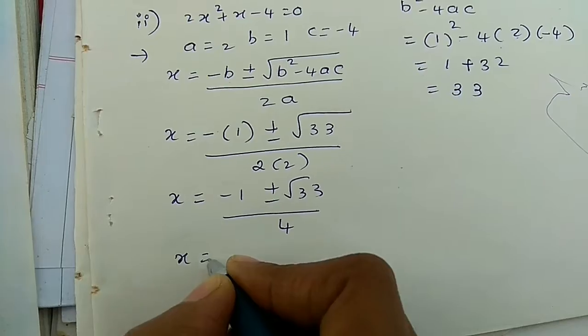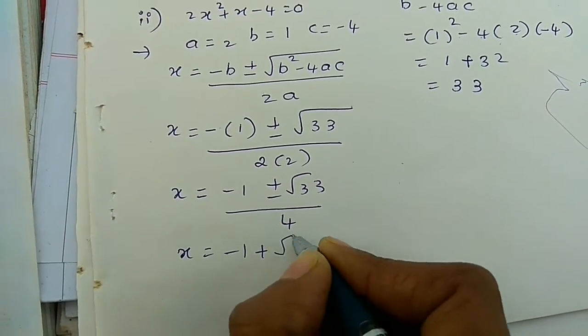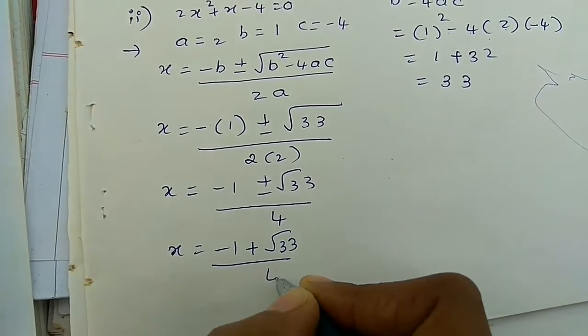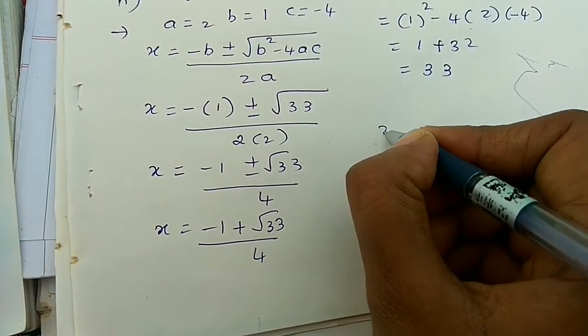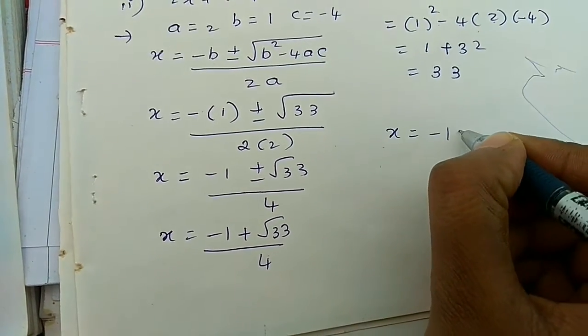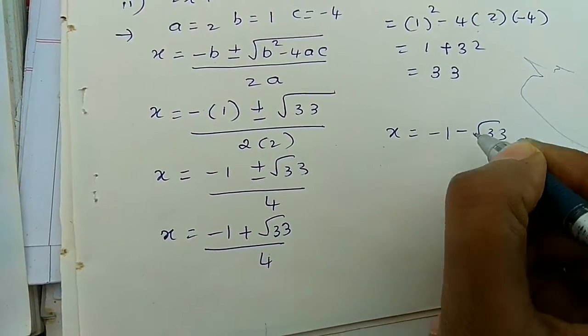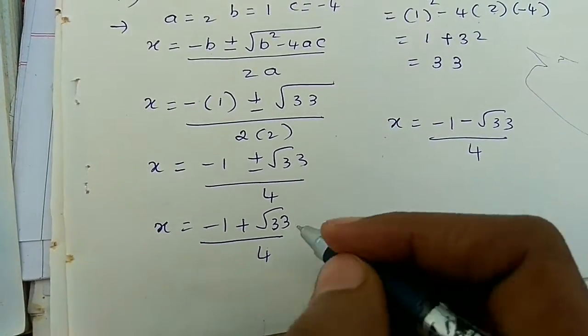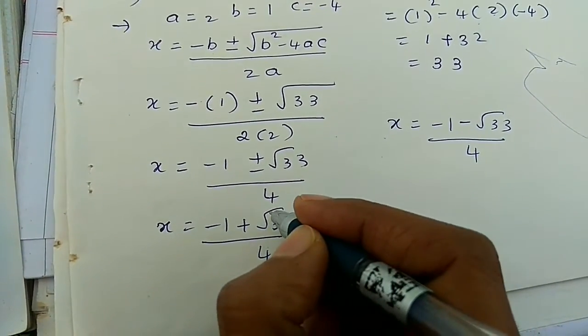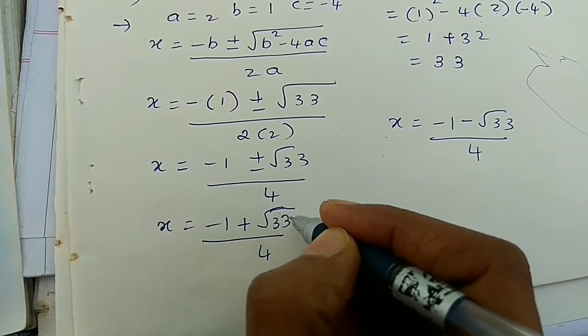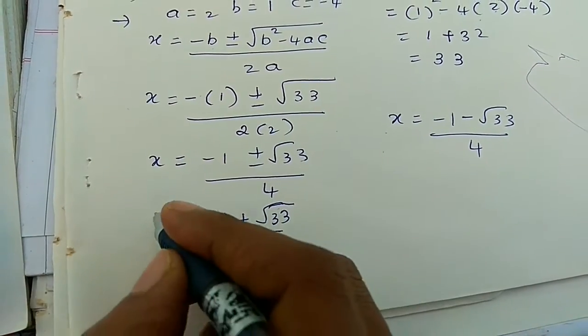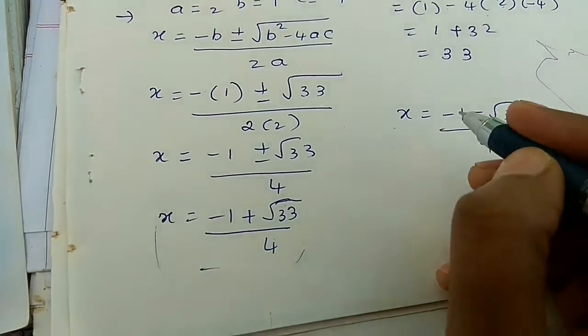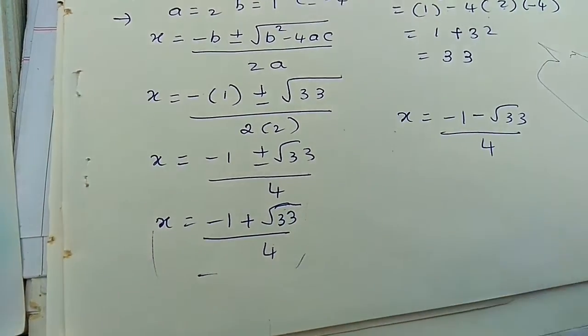The first one is x equals minus 1 plus root 33 divided by 4, and the second one you get by x equals minus 1 minus root 33 upon 4. These two are the roots. There is no need to find the value of root 33, because it is not a perfect square number. So these two are the roots of the given quadratic equation.